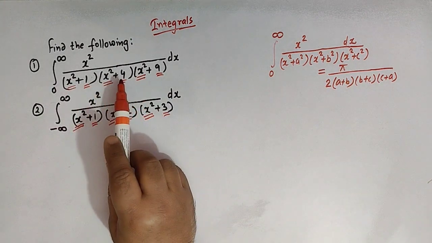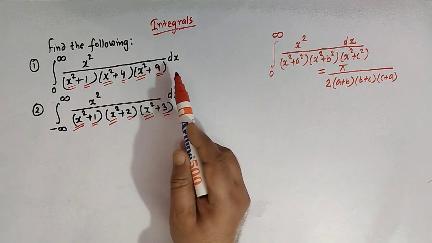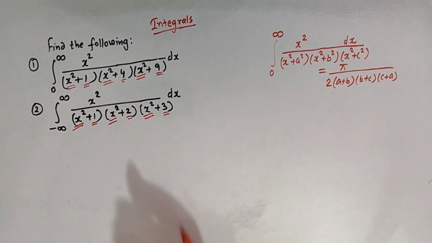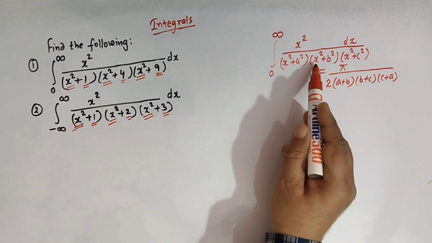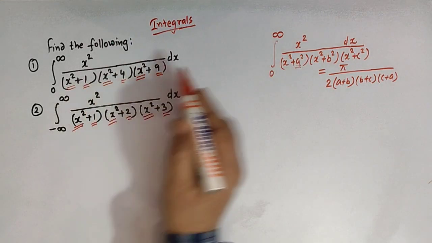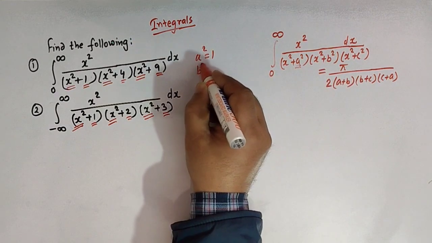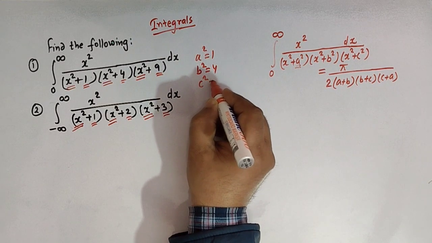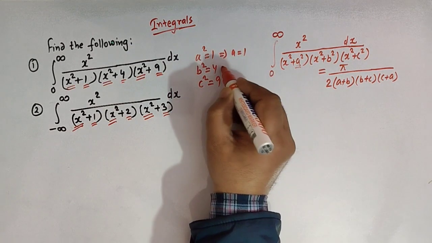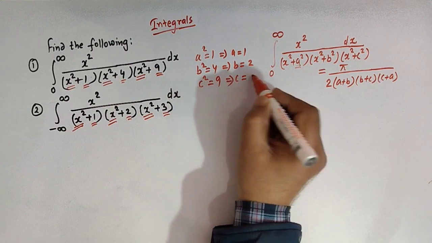Now if we compare the first integral with this one, we can easily find its value. Here a square is 1, b square is 4, and c square is 9, so a is 1, b is 2, and c is 3.